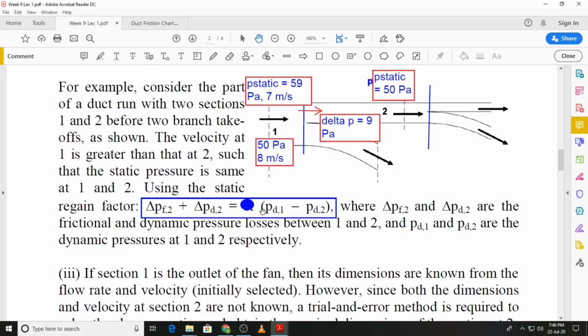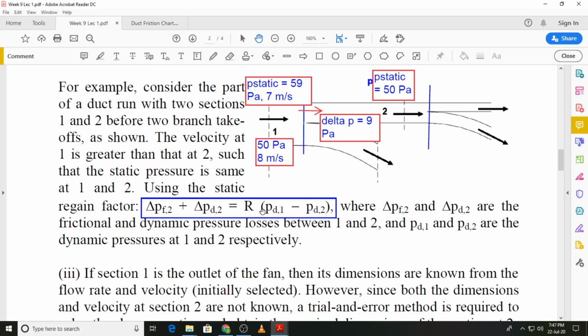Then we come to this factor R. Under ideal conditions, all of the change in the dynamic pressure is converted into an increase in the static pressure. But actually what happens is that there are losses. So not all of the dynamic pressure reduction is converted into a static pressure rise, and that is shown by this factor R, which is known as the static regain factor.